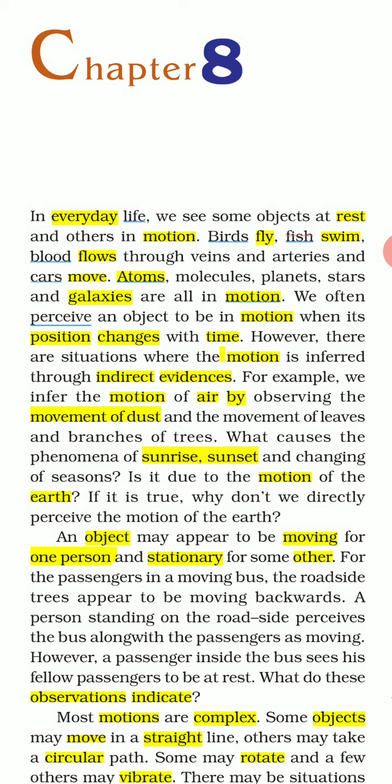But for the roadside man, both are in motion along with the bus. And the man standing outside the bus will say the tree beside him is at rest. But the persons sitting inside the moving bus say that the tree and the man are both moving back.